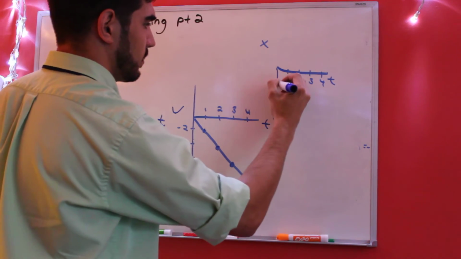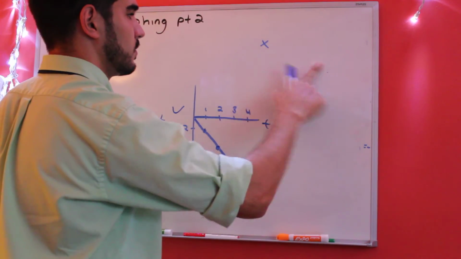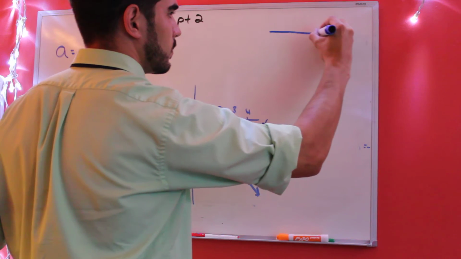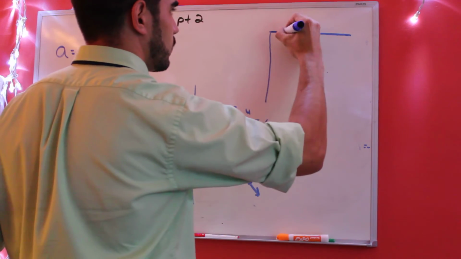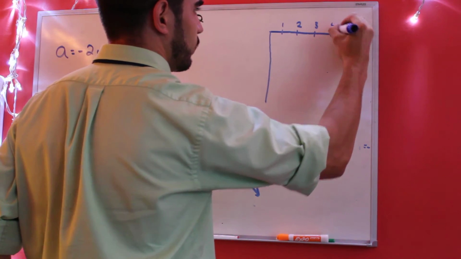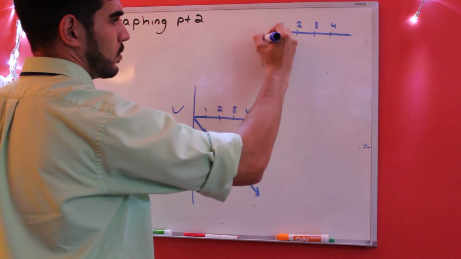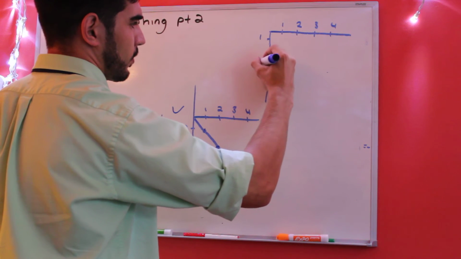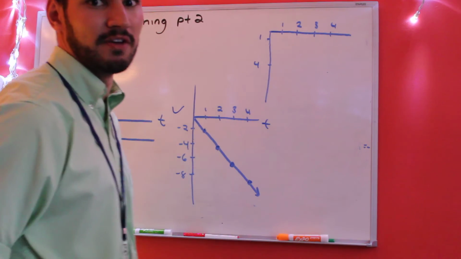Well, I kind of ran out of space. One, 2, 3, 4. Then what were our values? 1, 4. It's kind of hard to do it here because I don't really have enough space.